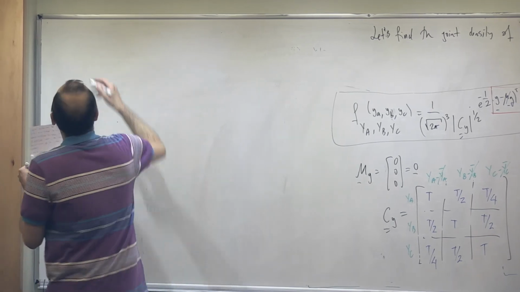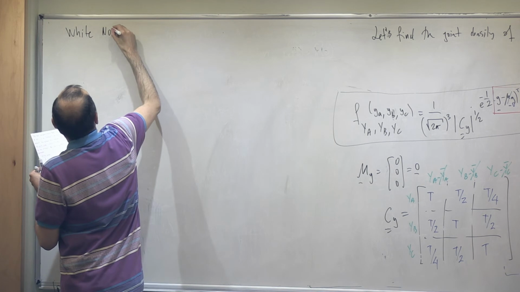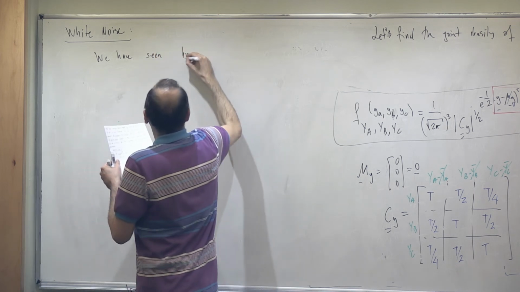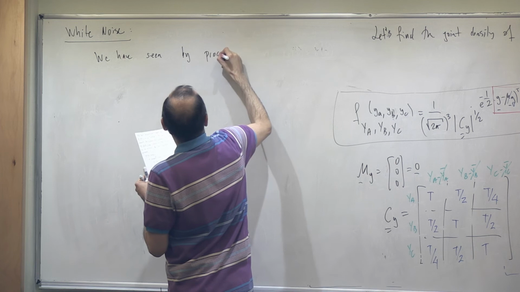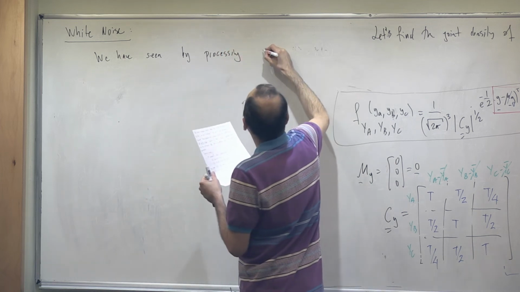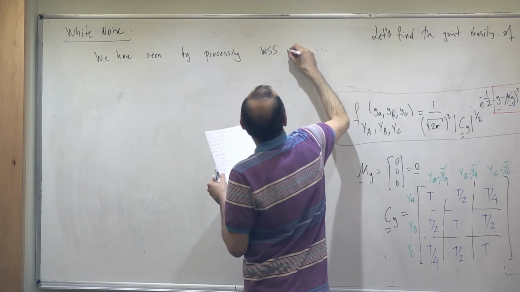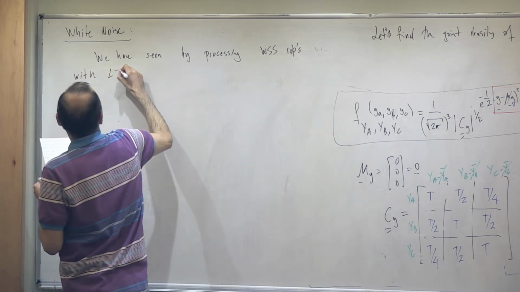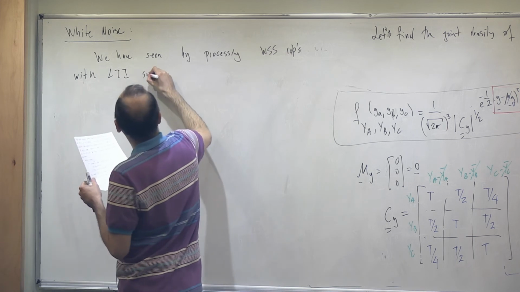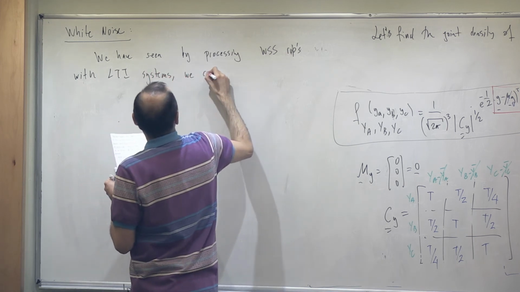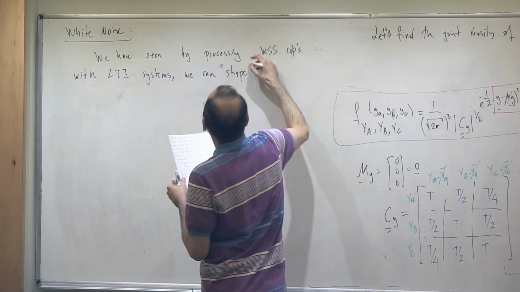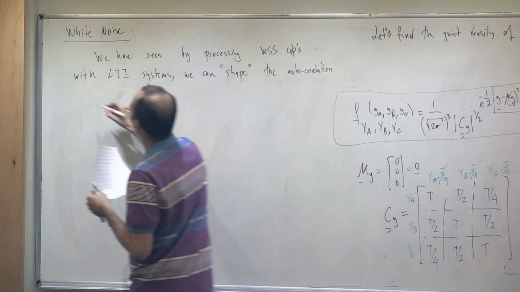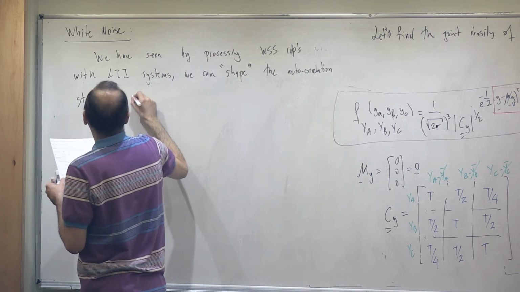But let me, okay, white noise. So we have seen that by processing wide sense stationary random processes, RP, with LTI systems, we can shape, in quotations, the autocorrelation structure of the output.